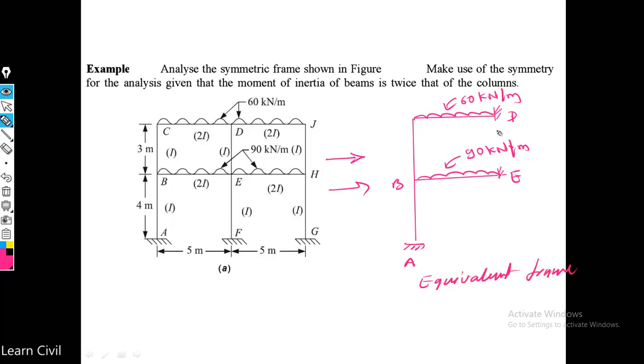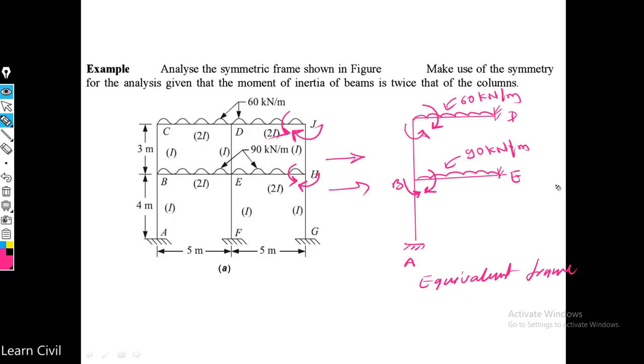Now if we analyze this particular equivalent frame by using Kani's method, it will be very easy. Rather than completely analyzing the total frame, if we analyze this much of the frame only, whatever bending moment and shear force will be here, the same bending moment and shear force will be here because of symmetry.